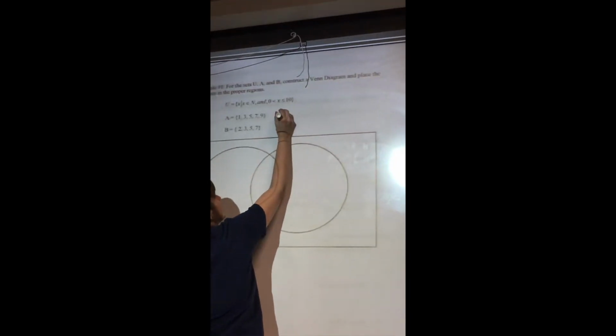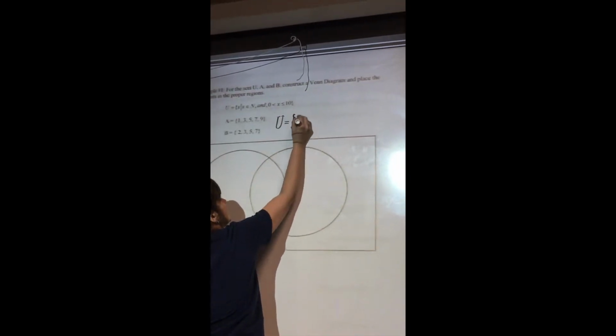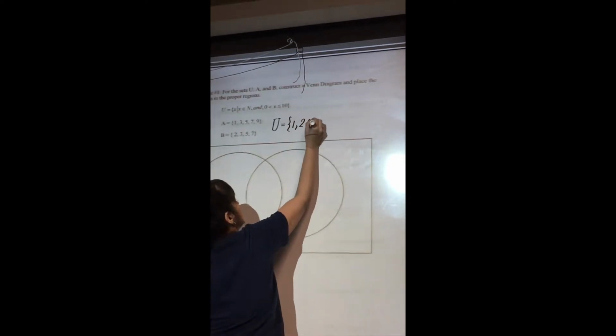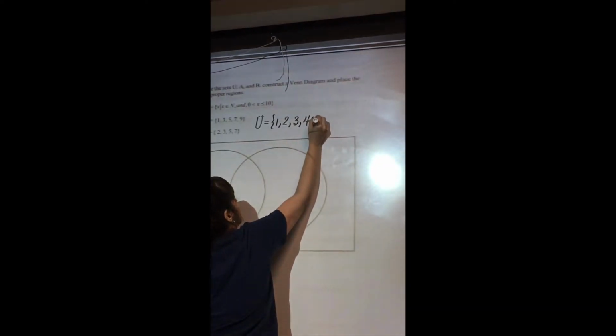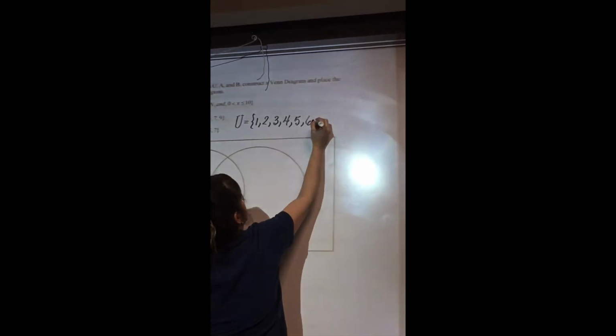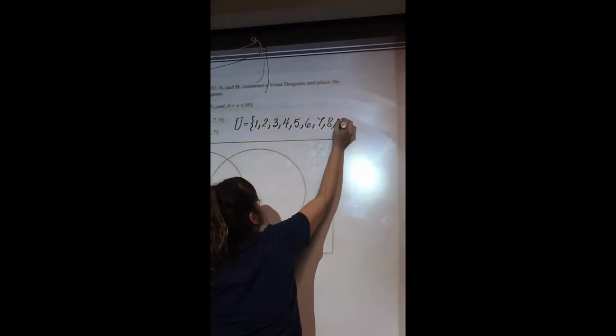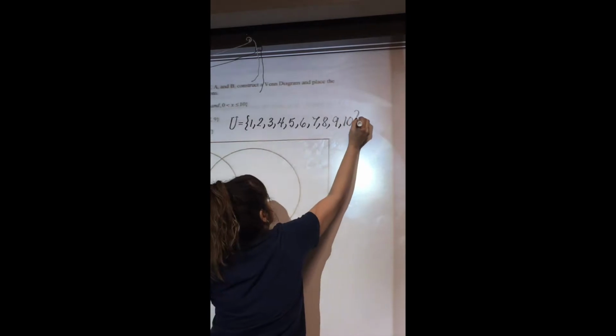The universal set contains 1, 2, 3, 4, 5, 6, 7, 8, 9, and 10.